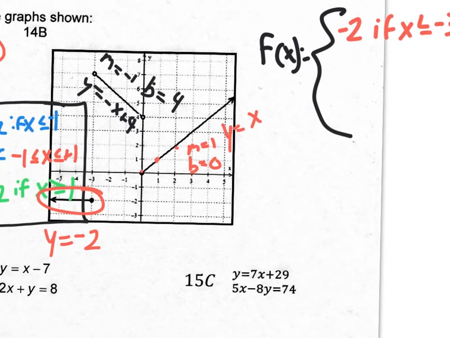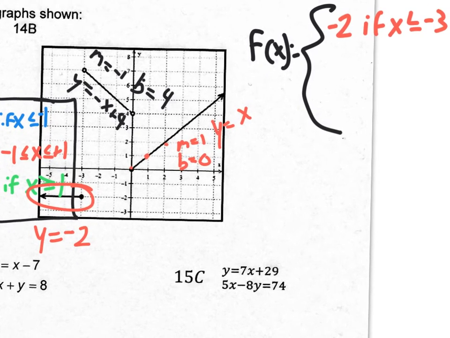Moving on to the next one, the black line over there. So that black line says y equals -x plus 4. Y equals -x plus 4 belongs right there. So I want to put -x plus 4 right there. Now we need a restriction. The restriction is going to be a compound inequality from here to here, from this x value of -3 to this x value of 0.